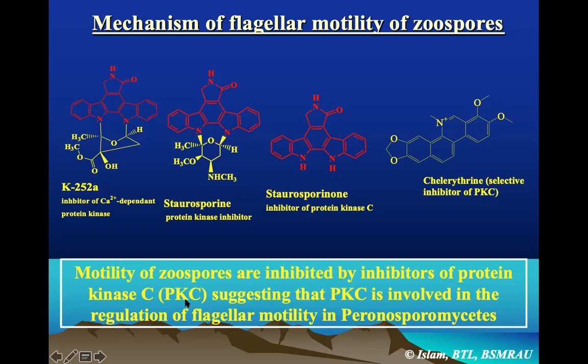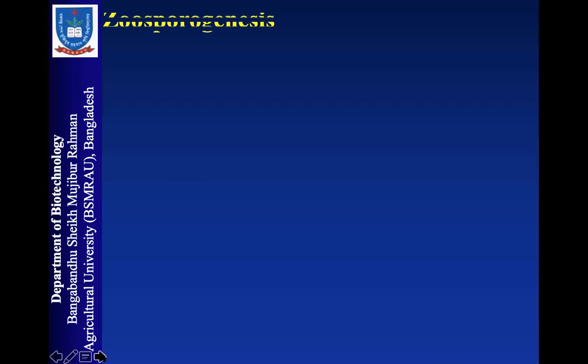But we don't actually know, among the protein kinase C, there is a huge structural variation. We do not know exactly what the differences are between the protein kinase C involved in motility of zoospore and the protein kinase C involved in motility of animal sperm.